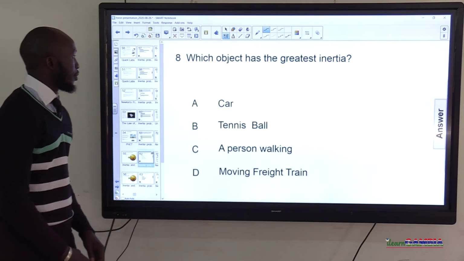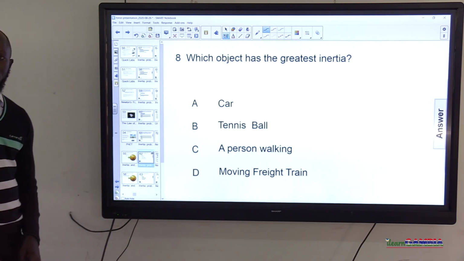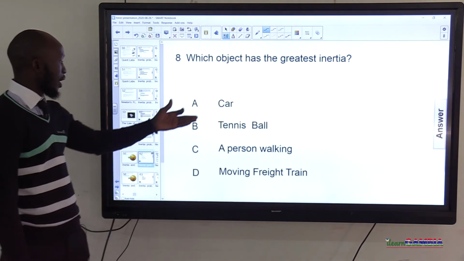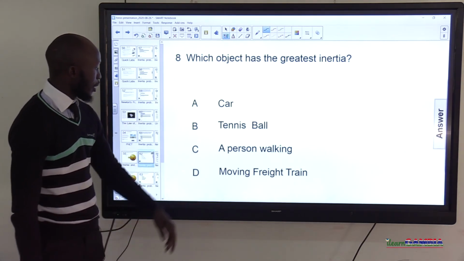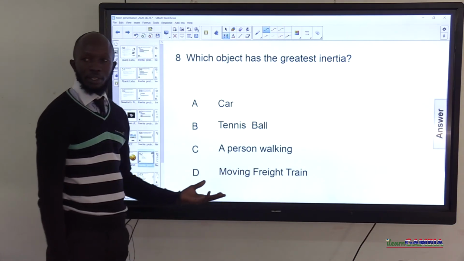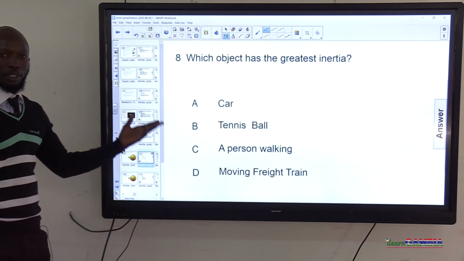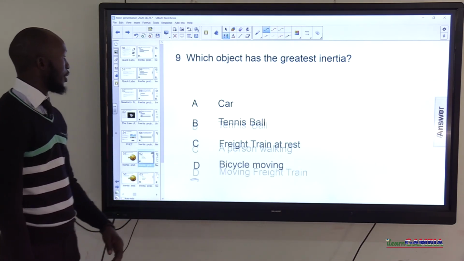And number 8: which object has the greatest inertia? We have a car, a tennis ball, a person walking, and a moving freight train. Obviously, you cannot compare a train to any of these objects, so the right answer would be D, right?